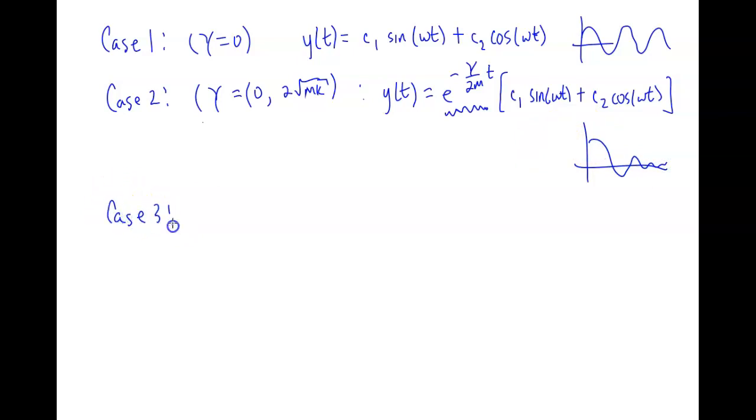Case 3 is the situation we call critically damped, where the thickness of the material or fluid in our shock absorber, the dashpot, is such that it makes the discriminant for the roots of our characteristic equation go to 0.